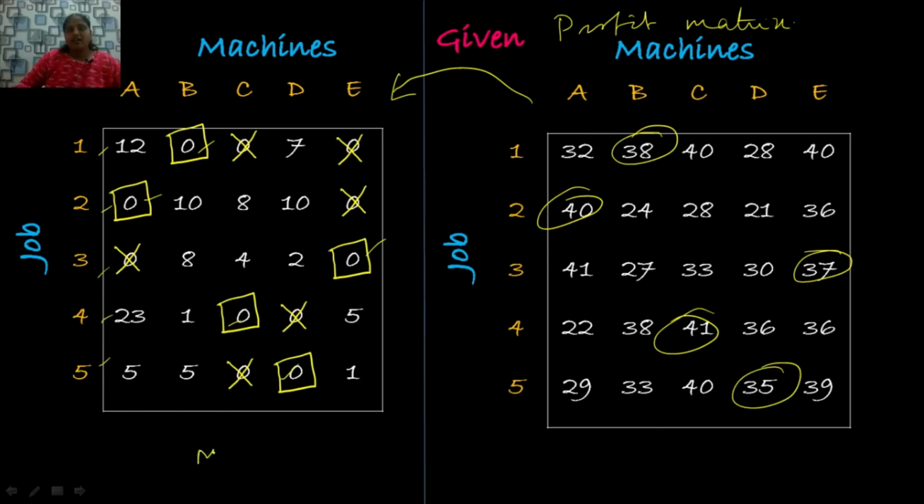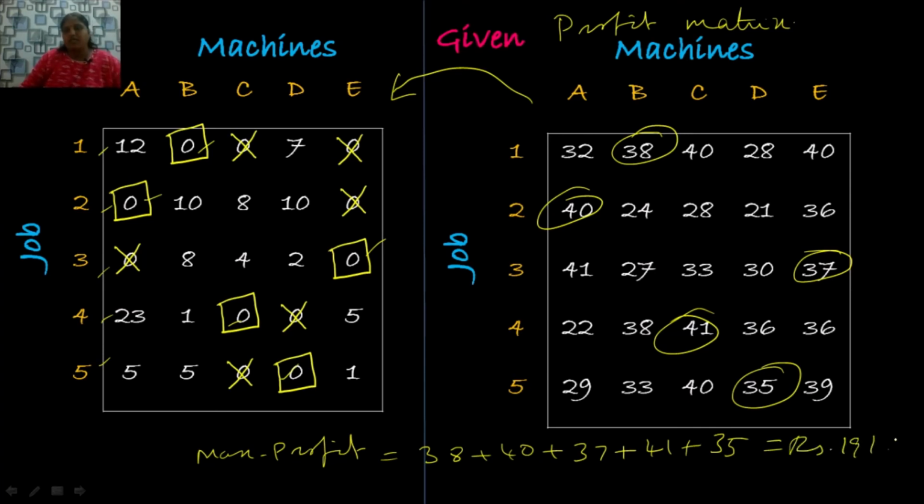Adding all these values together, 38 plus 40 plus 37 plus 41 plus 35, we get 191.